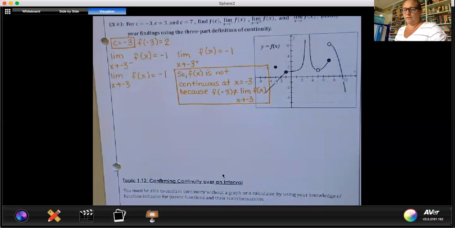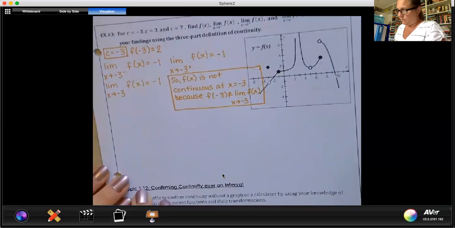Three-part definition of continuity. We can do the same thing for c equals 3 and c equals 7.